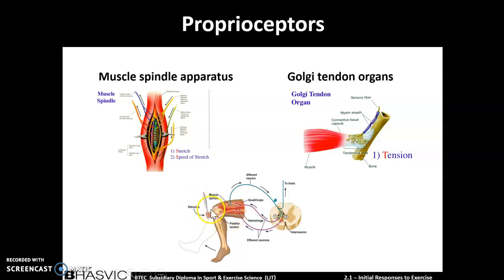So the hammer would be the stimulus, and this causes the Golgi tendon in the patella to stretch, which causes an increase in tension for that. But as that is stretched, that then pulls on the quadricep, causing that muscle to extend quickly.